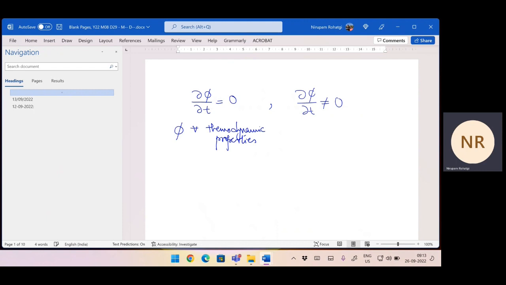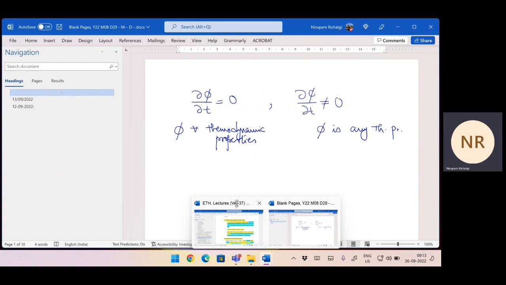Here phi is any thermodynamic property. If any one thermodynamic property is changing with time, then the system is not steady. Is that clear?